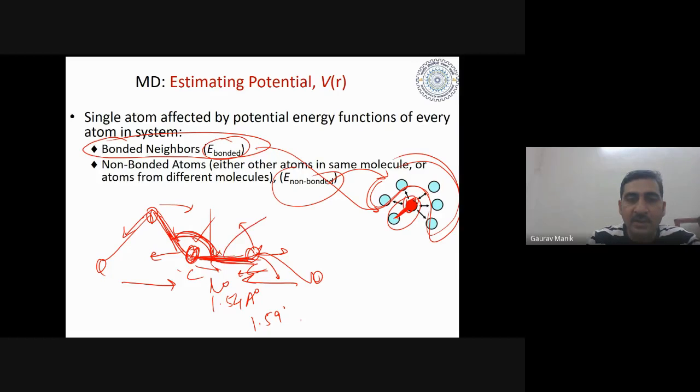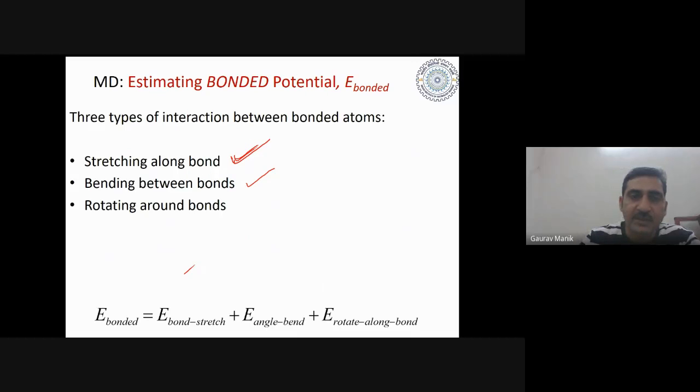If the bond length at some point tends to become 1.4 angstrom, then these two atoms will be given an outward force because of this potential, such that they come close to the equilibrated value of 1.54 angstrom, because that's the most stable bond configuration. So this is how you define the stretching force around that equilibrium value.